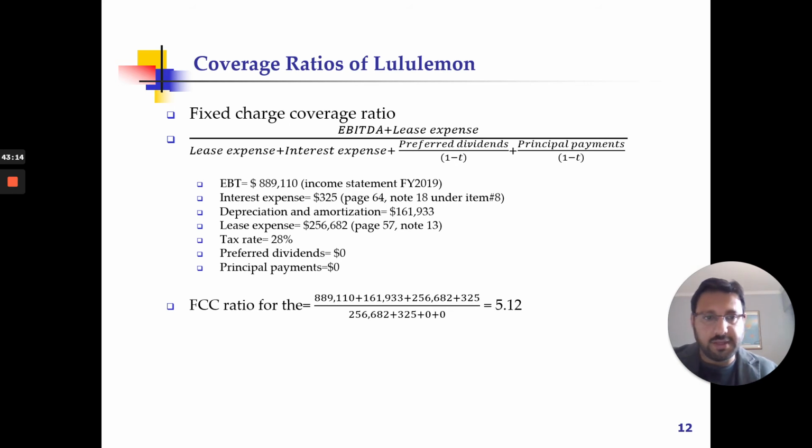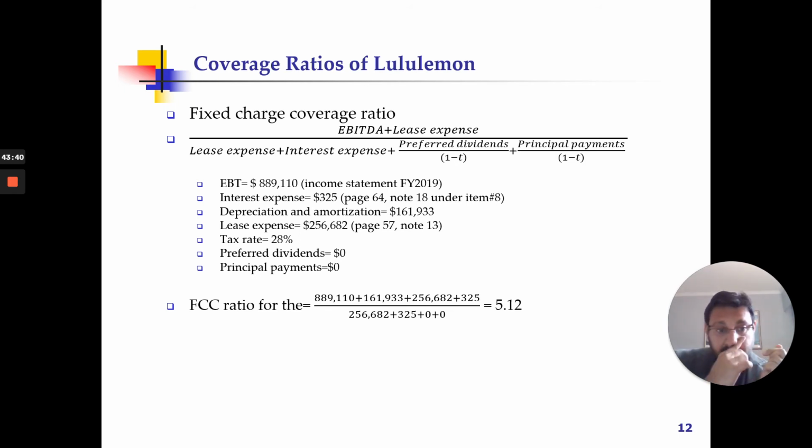And this is EBITDA, so we add depreciation and amortization back to the operating income plus the lease expenses. We add lease expenses, and then we see how much, once we add back the lease expenses, we have available in order to pay four payments. One, the lease expense; two, the interest expense; three, the preferred dividends.